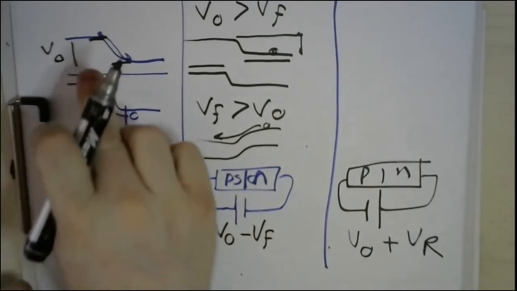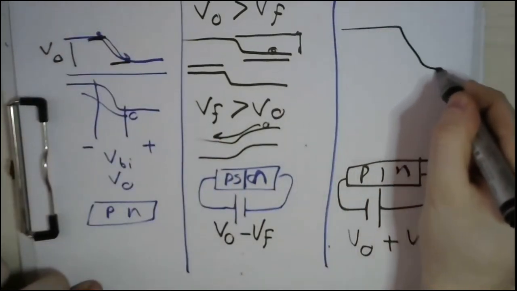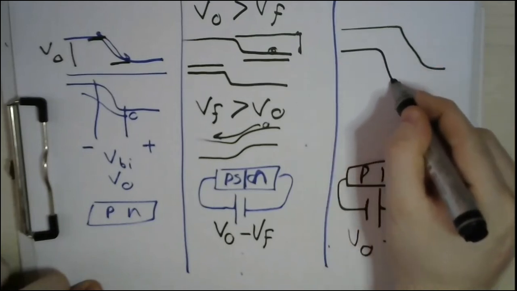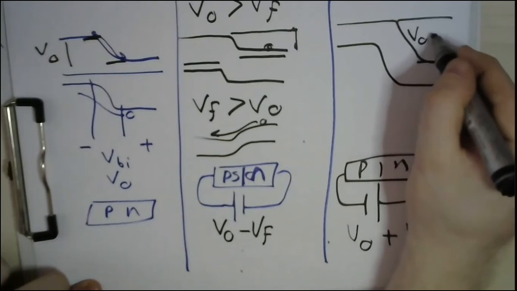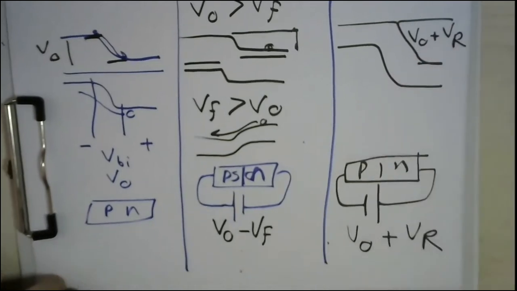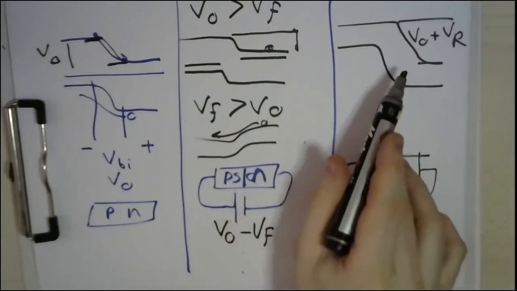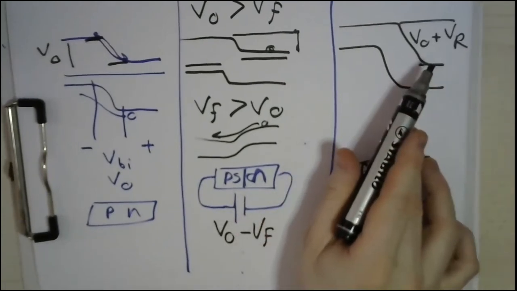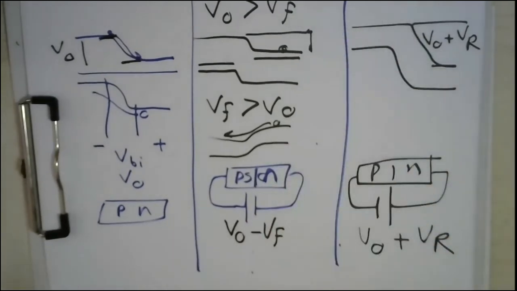And accordingly, you should expect a higher barrier, which is V node plus VR, as you can see. So this is V node plus VR, and this is the overall energy band diagram.